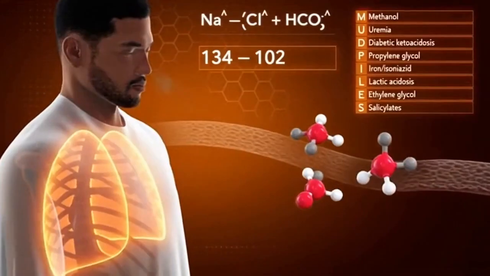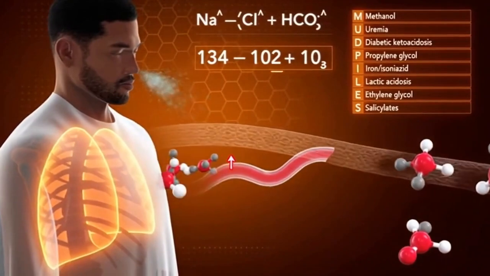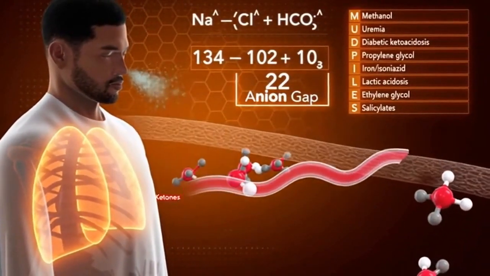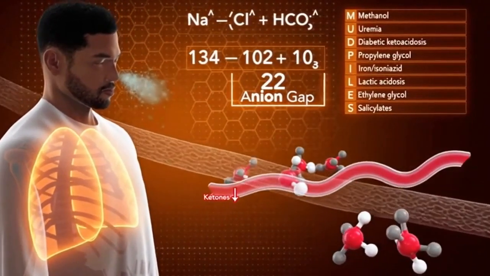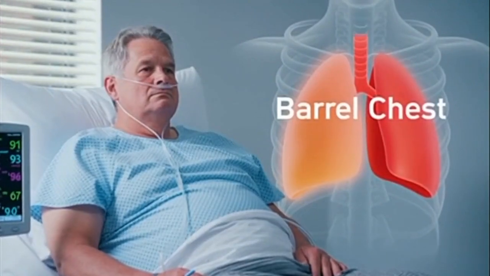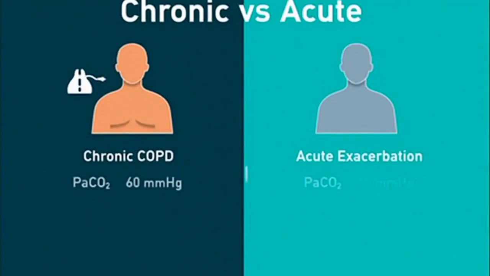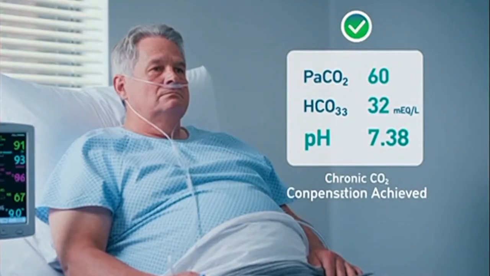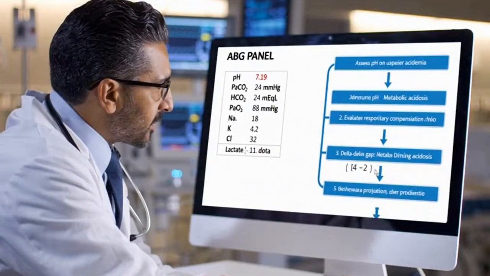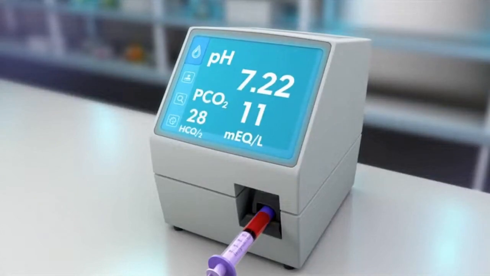Three major systems regulate pH: the bicarbonate carbonic acid buffer system, respiratory compensation via CO2 excretion, and renal compensation via bicarbonate reabsorption and acid secretion. The Henderson-Hasselbalch equation underpins all acid-base physiology. pH equals pKa plus log of bicarbonate divided by dissolved CO2.